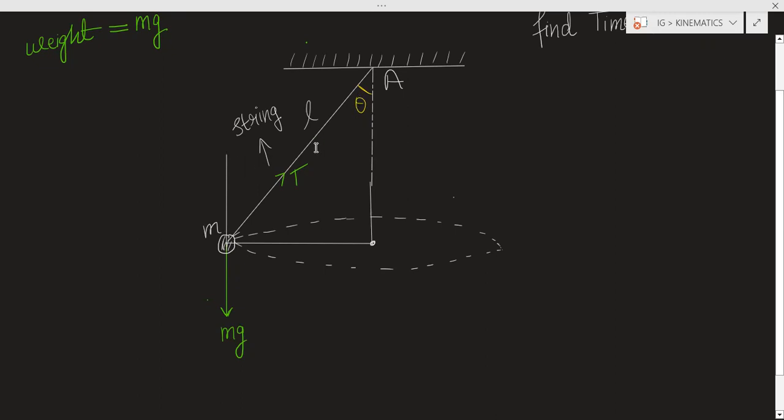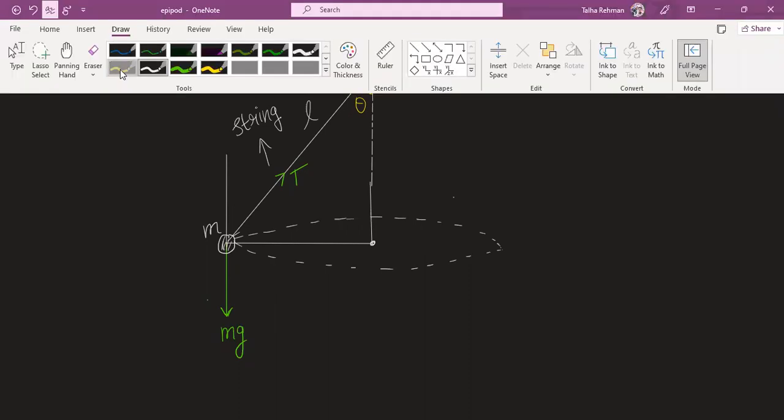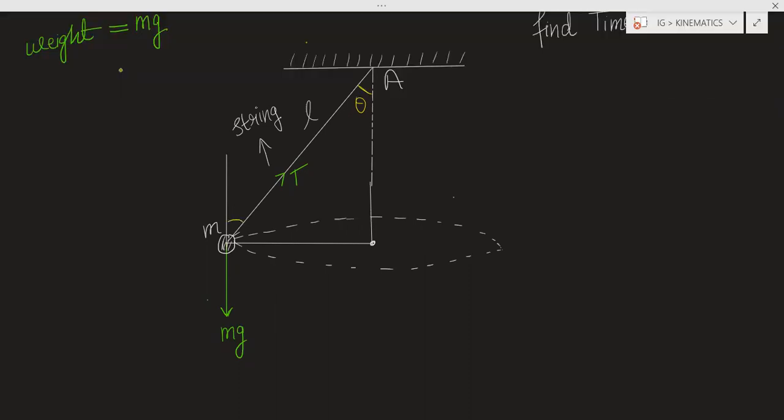So if this angle is theta, this angle will also be theta. These are alternate angles. If this line and this line are parallel, and this is another line, then if this angle is theta, this angle will also be theta.